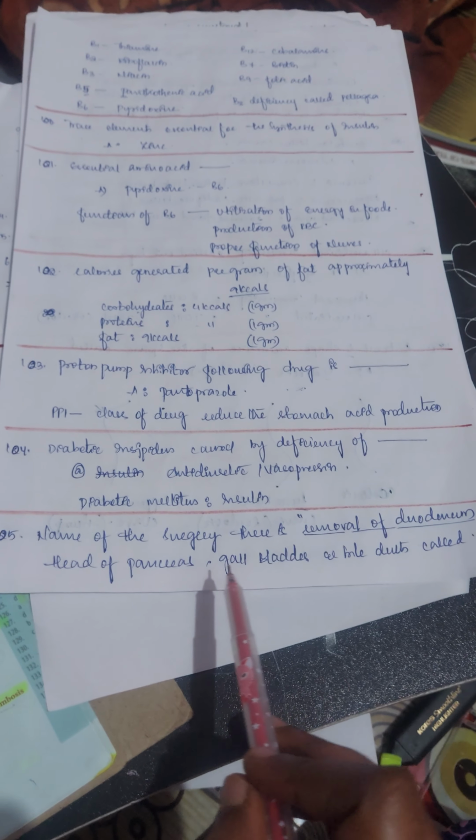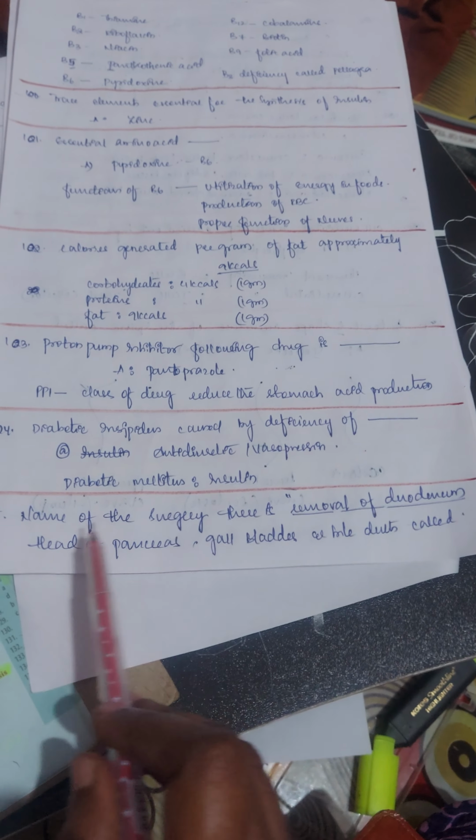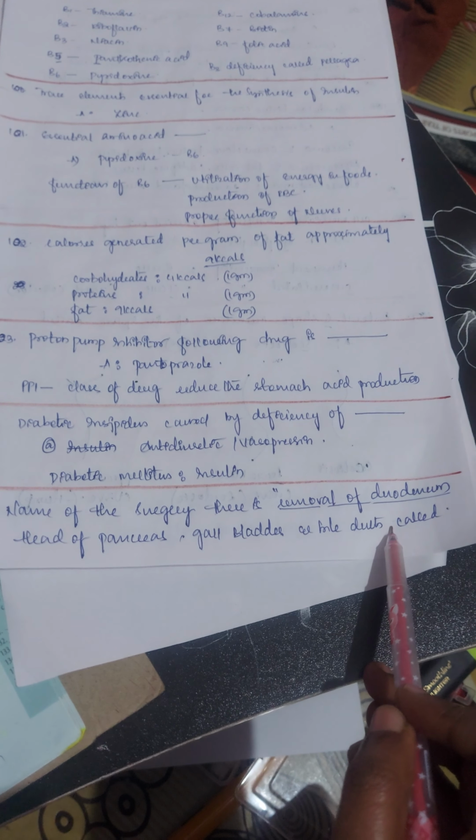So what surgery do we call this? Pancreaticoduodenectomy. Okay, the next question: loss of ability to recognize objects is called? The answer is agnosia.